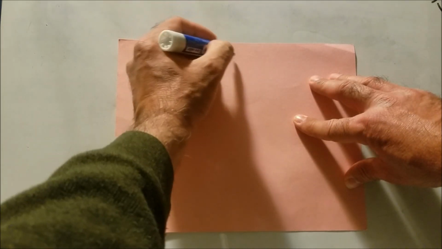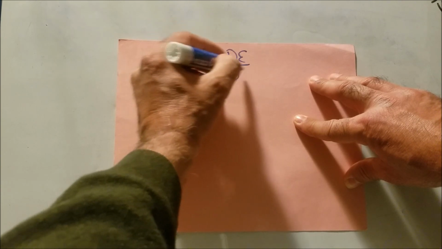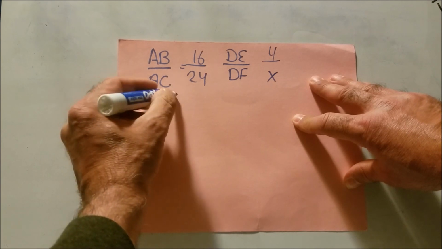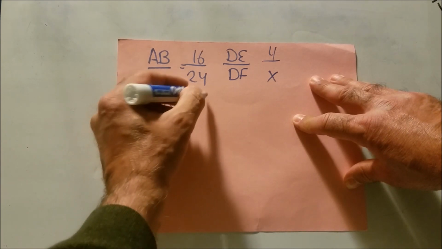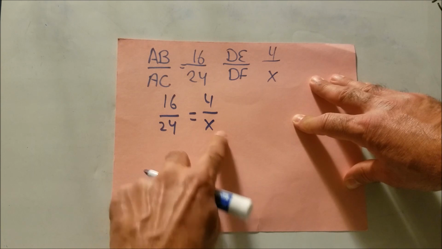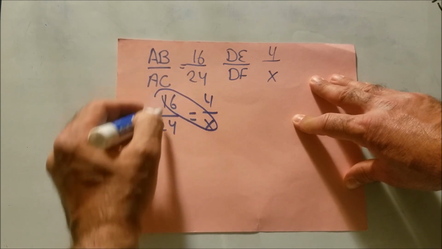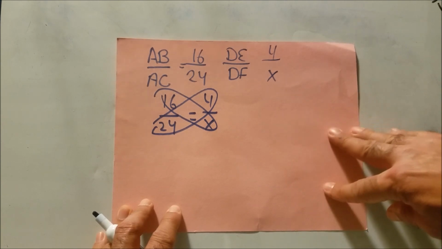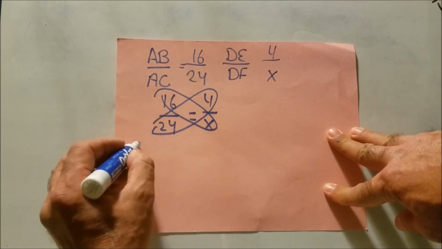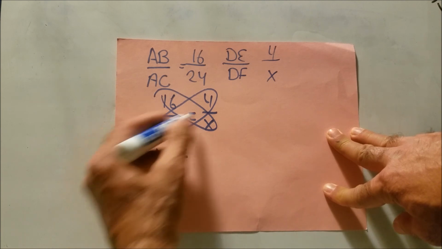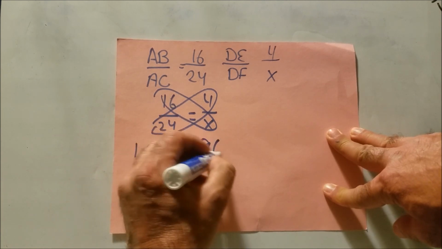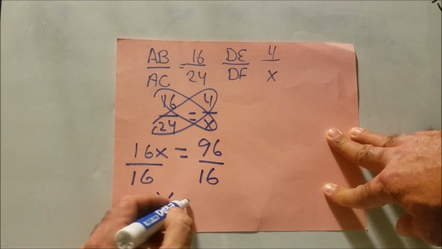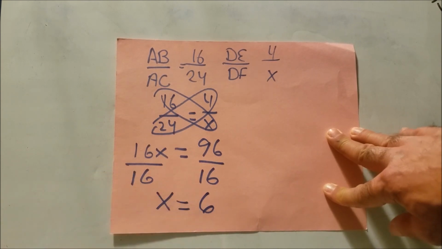And we said line DE and line DF is 4 over X. So now we're saying 16 over 24 equals 4 over X. And we can find X by doing cross multiplication, right? So we're going to have 16 times X is 16X, and 24 times 4 is 96. So just divide on both sides, right? Because we want to isolate the X, and X is 6.